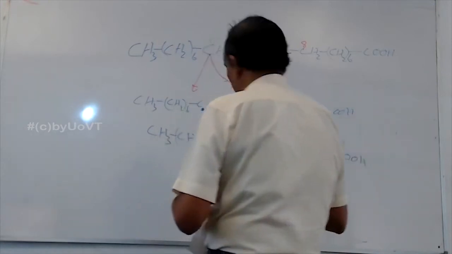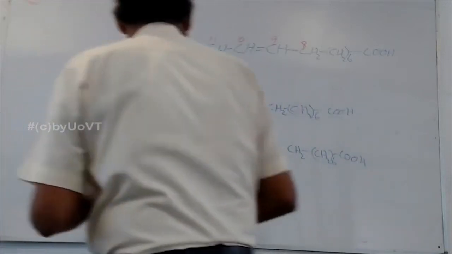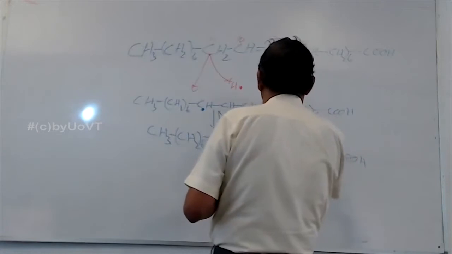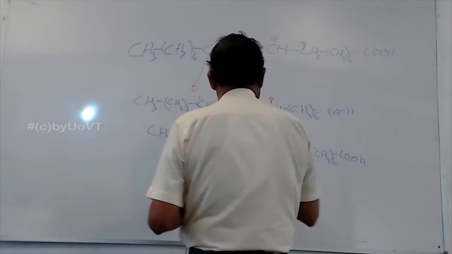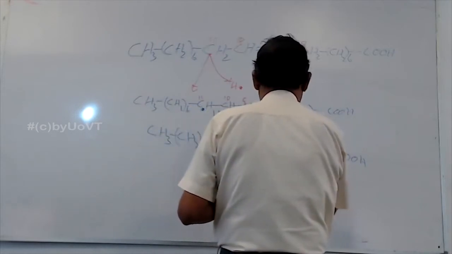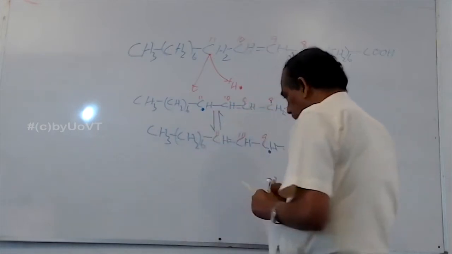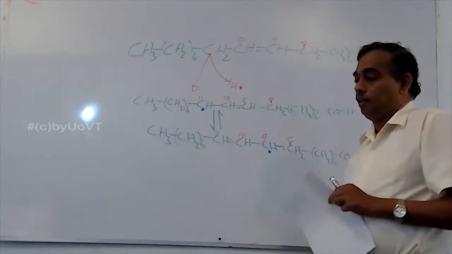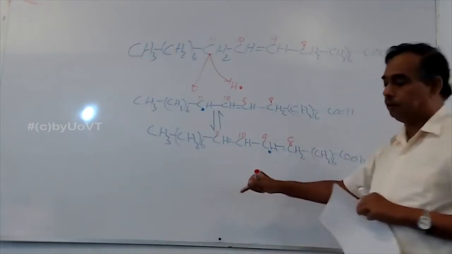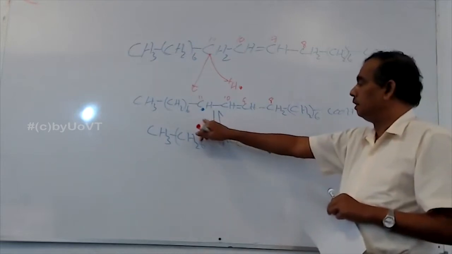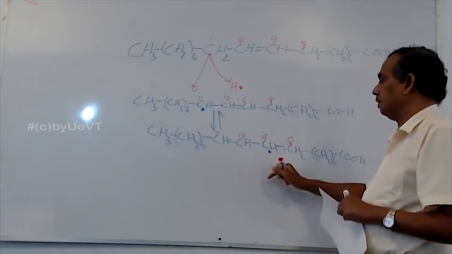Now, if you try to analyze, you try to name these carbons. This is 8, 9, 10, 11. What happened during the rearrangement? During the rearrangement, this free radical electron transferred to the 9th position, right?